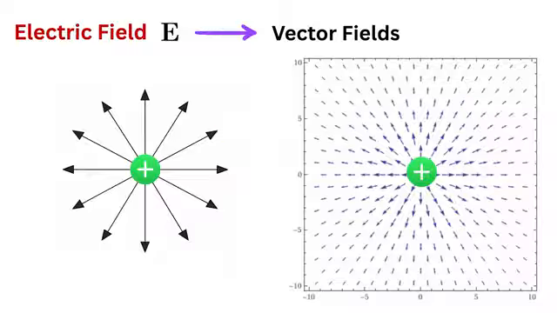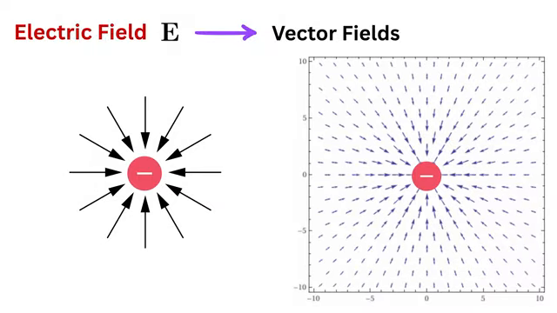For example, around a single positive charge, electric field lines spread out evenly in all directions like rays from the sun, showing that the force pushes other positive charges away equally in every direction, and the strength of that field decreases as you move farther away from the charge.